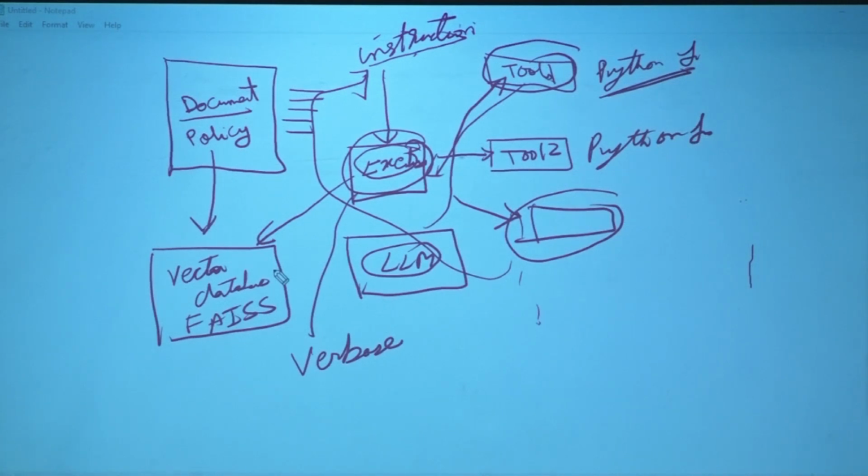So this ability to get a job done, which goes beyond just a language question answer, is engaging tools, understanding policy and getting things done. Now, why is it such an important thing?